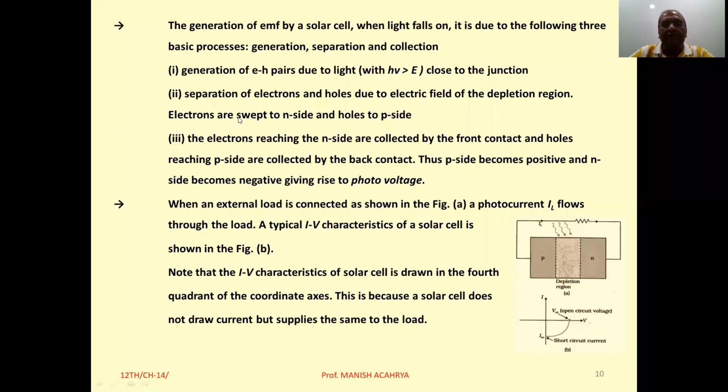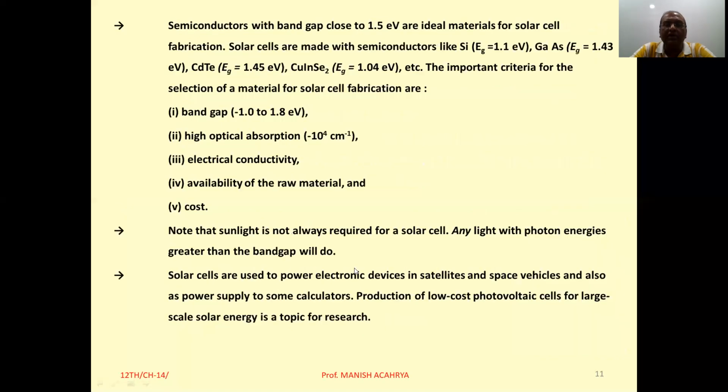Now, the IV characteristic of a solar cell is drawn in the fourth quadrant here. This is because the solar cell does not draw current but supplies it to the load. Semiconductors with band gap close to 1.5 electron volt are ideal materials for solar cell fabrication.